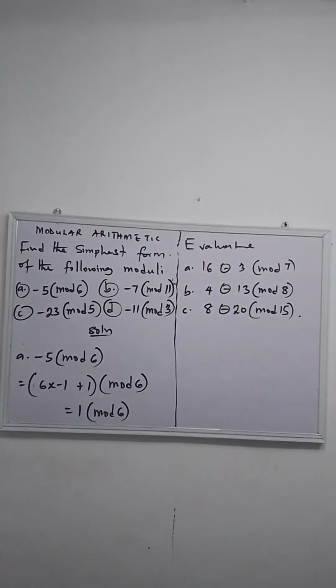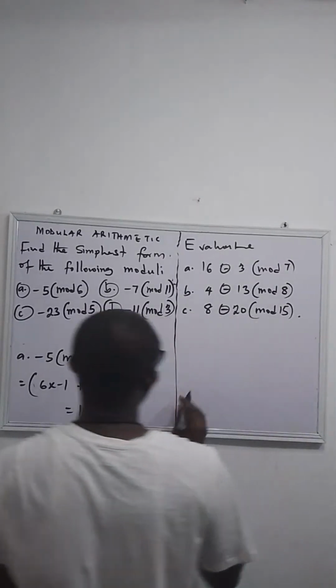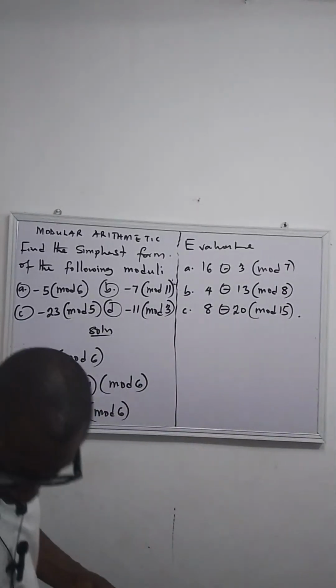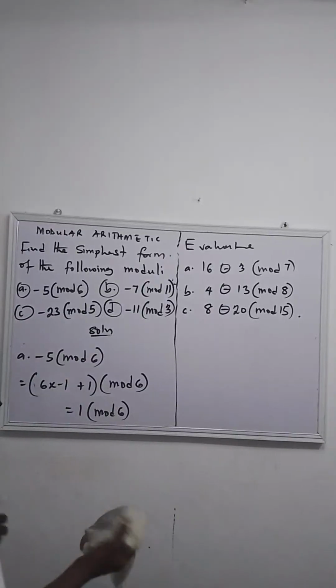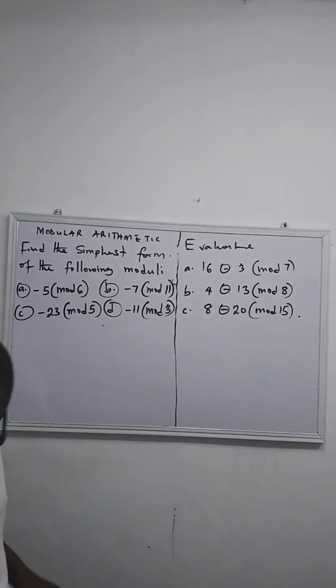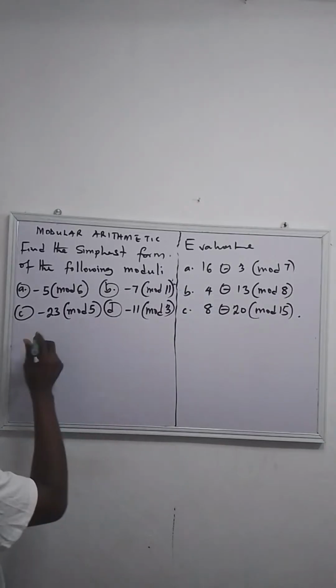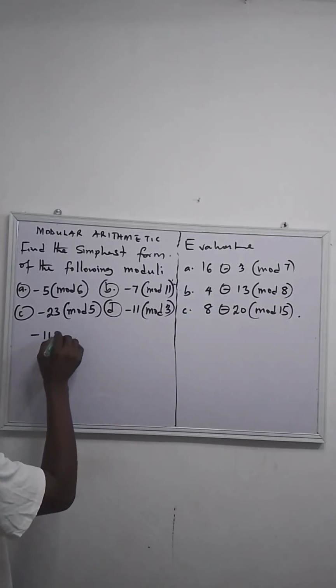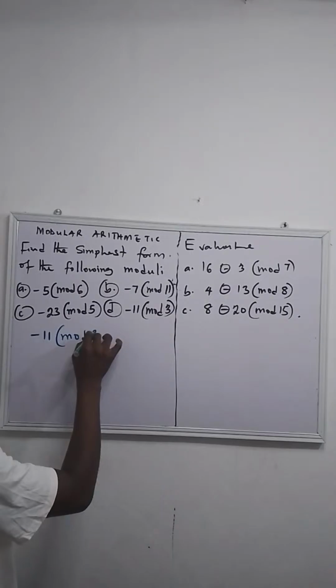All right, so now let's look at the problem together. Let's quickly do it together. So now what you have for D here, now we have negative 11 mod 3.